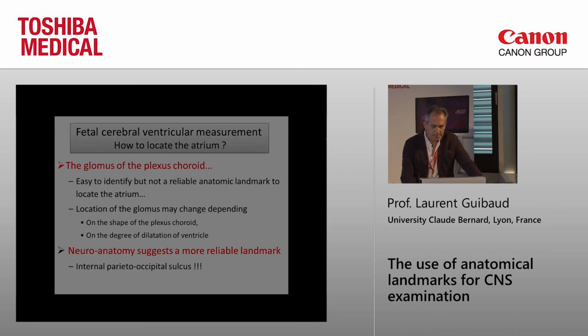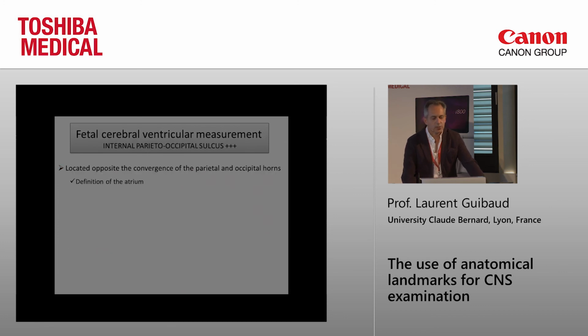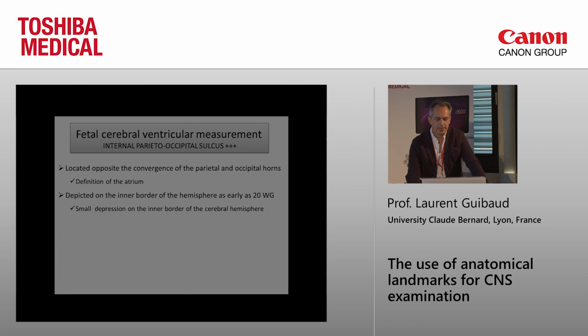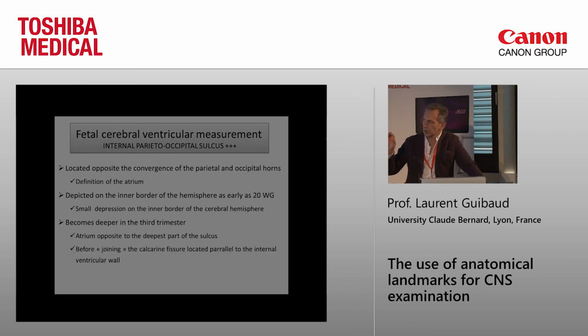That means the glomus is easy to identify, but this location will change depending on the shape of the choroid plexus and on the degree of dilatation of the ventricle. So look at the internal parieto-occipital sulcus. It's the definition of the atrium. It's depicted on the inner border of the hemisphere, and it's a small depression, and it becomes deeper at the end of the pregnancy.